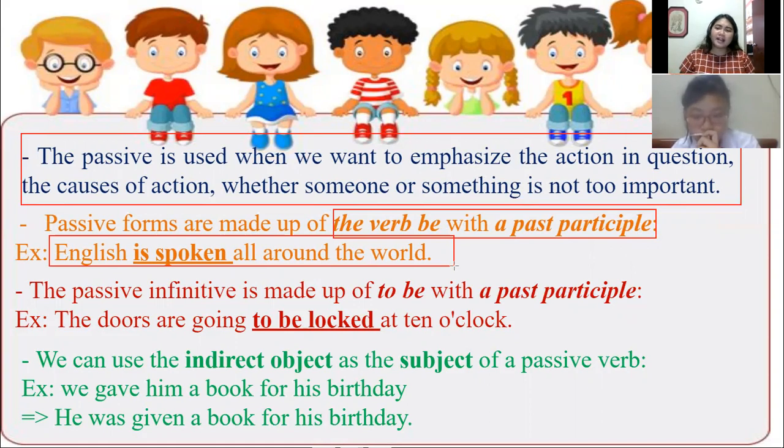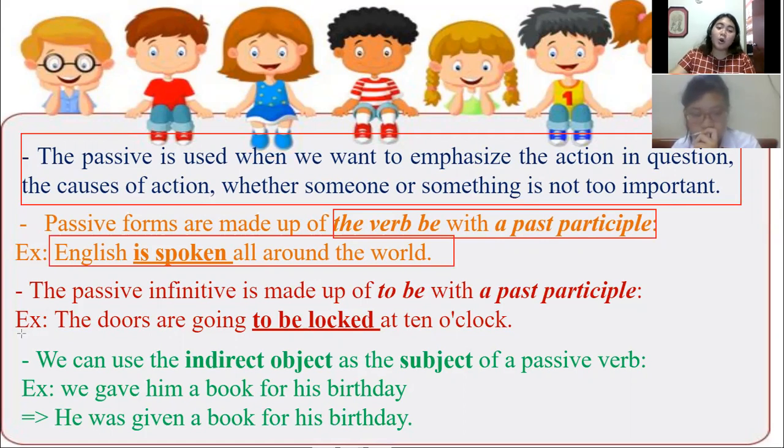Again, passive is used when we want to emphasize the action in question. For example, the question is, "What is English?" The passive answer is, English is spoken all around the world. So the action in the question is spoken. Did you get it?